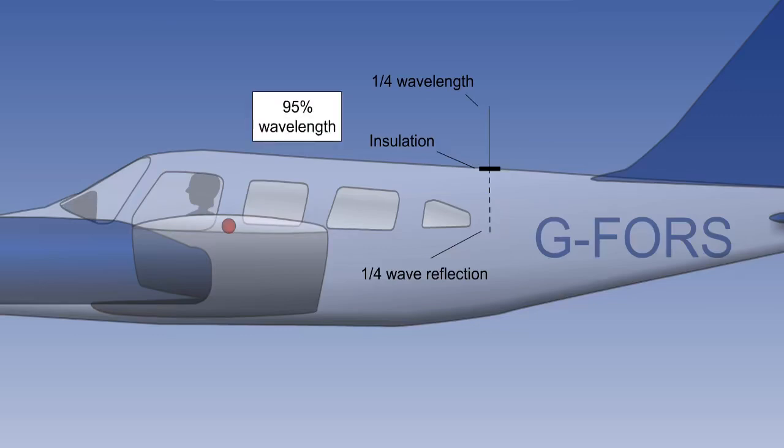Because electromagnetic waves travel at different speeds through different media, for example, through metal, they travel at 95% of their theoretical maximum speed, the antenna length, when fixed on metal, must also be reduced to 95% of its maximum theoretical length.